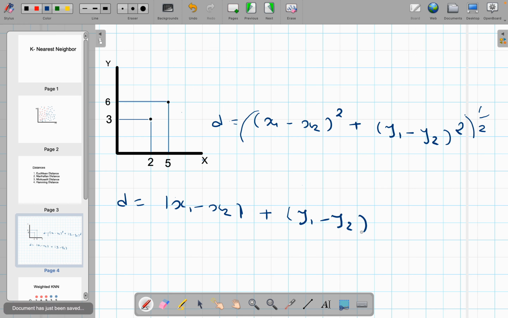Simple. So this is the modulus of that. Alright. So this will be your Manhattan distance.